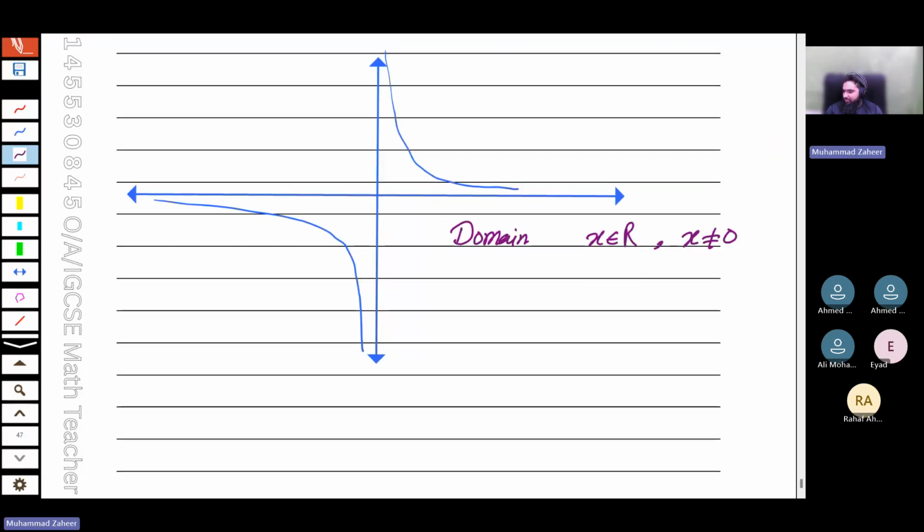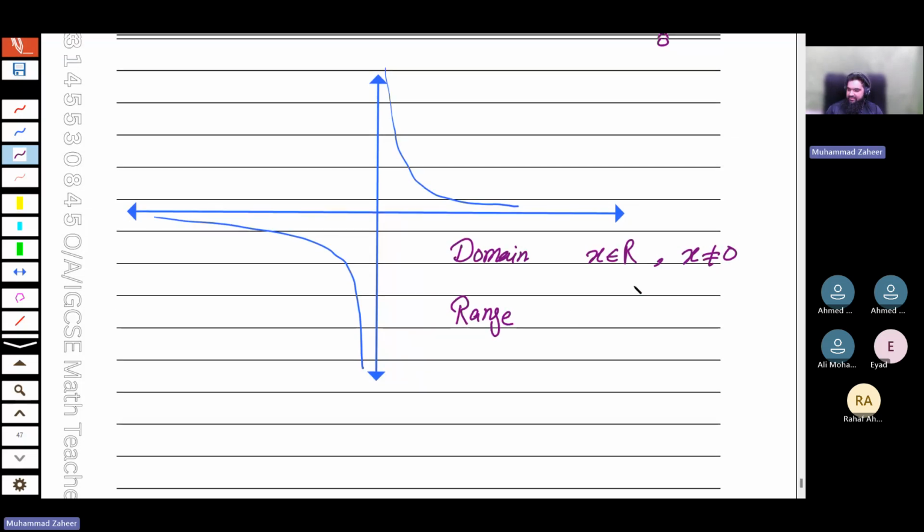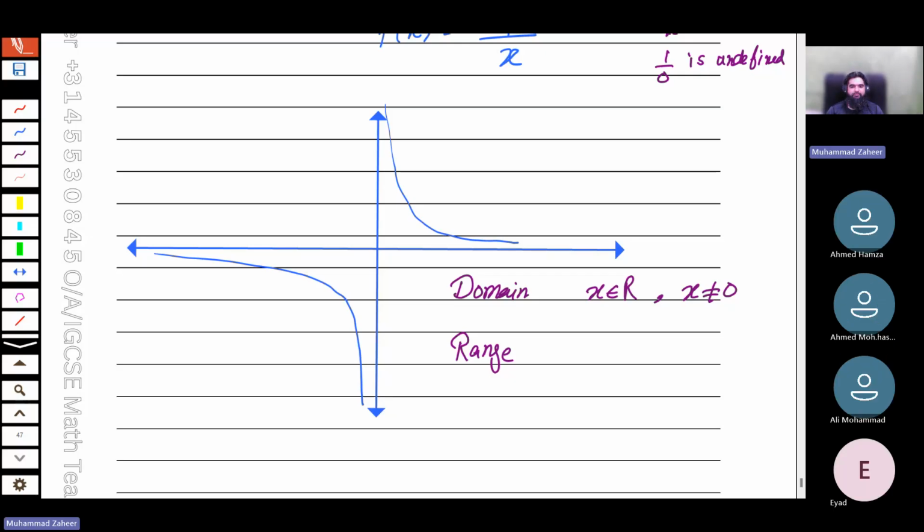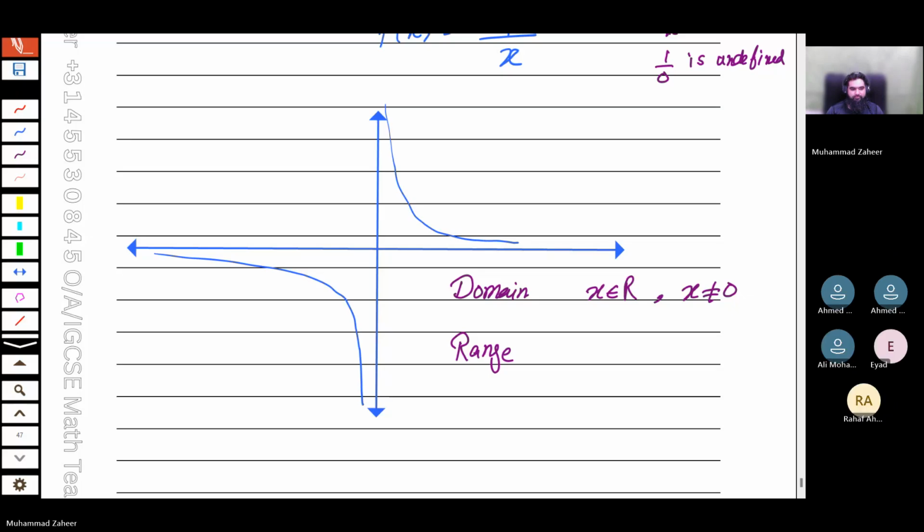Now we have to talk about the range of this graph. Range means the output, the y values. Look at the y values.